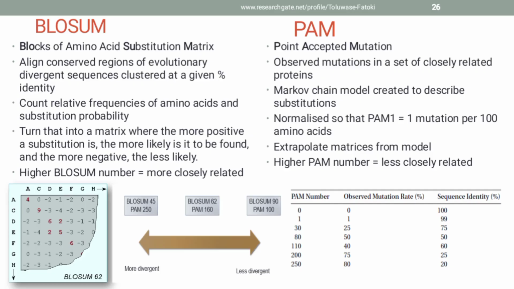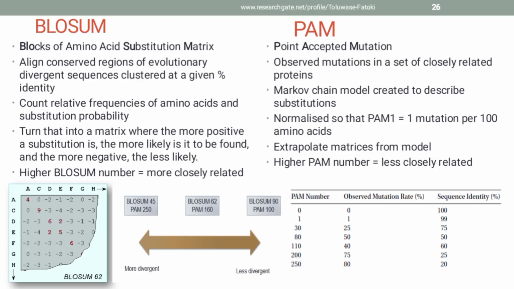And we have different variants of BLOSUM that have been developed. Okay, we have BLOSUM 45, BLOSUM 62, BLOSUM 90. So the higher the BLOSUM number, the more closely related the sequences. Depending on the sequence that you want to align, we determine the kind of BLOSUM that we have to choose. But on average, BLOSUM 62 is the one that is in the middle.